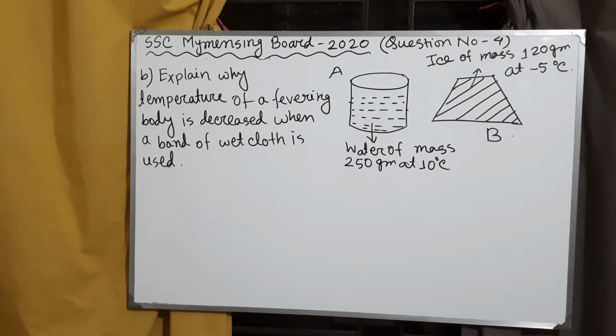As the specific heat of water is 4200 joule per kg per Kelvin, it can help to relieve pain and swelling or cool a fever. So this is why the temperature of a quivering body is decreased.